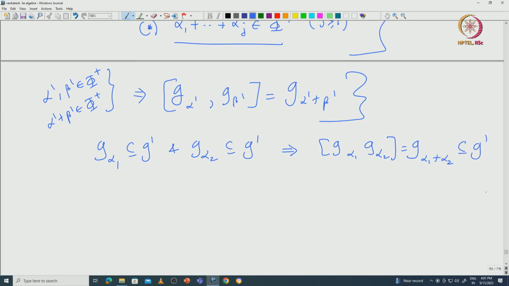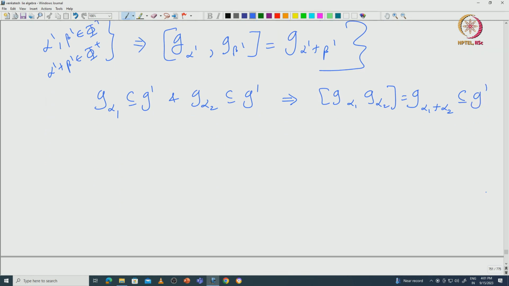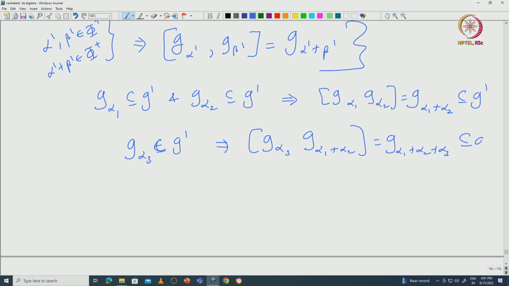That is because alpha 1 plus alpha 2 is again a positive root, and similarly G alpha 3 is inside G dash. So, that implies that the bracket of G alpha 3 with G alpha 1 plus alpha 2, which is G alpha 1 plus alpha 2 plus alpha 3, is inside G dash.